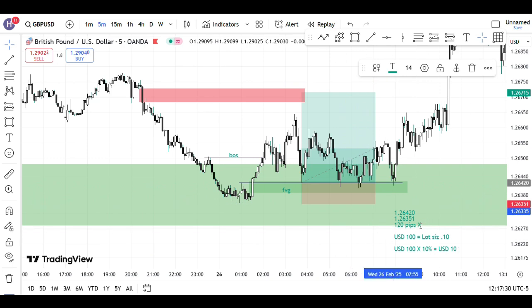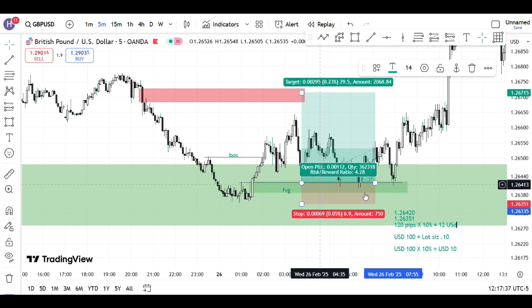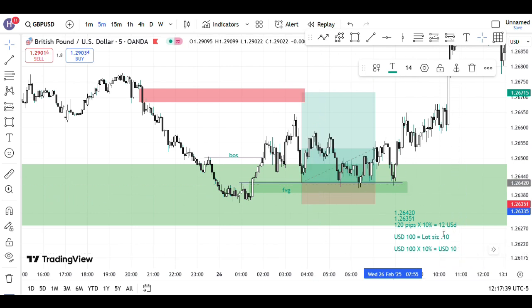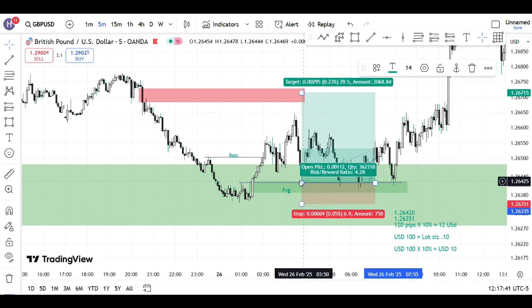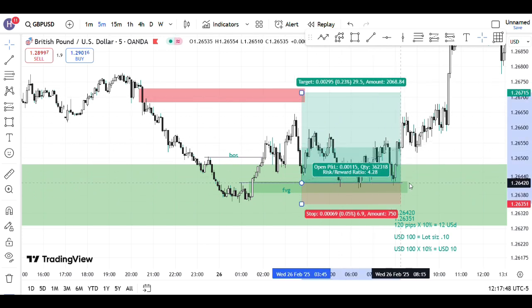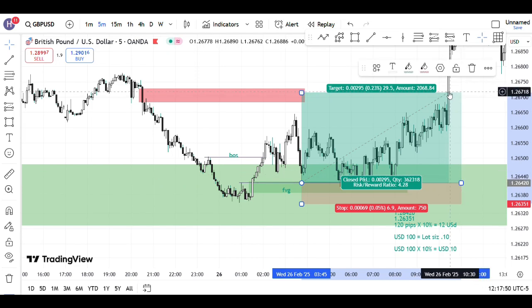So this is the difference, 120 pips. If you multiply this 120 pips by 10%, it's coming 12 USD. No problem, you can take lot size 0.10. So your entry starts here and it will go here, and you can get the win rate from here, right? 4.28. You get 1 to 4.28.